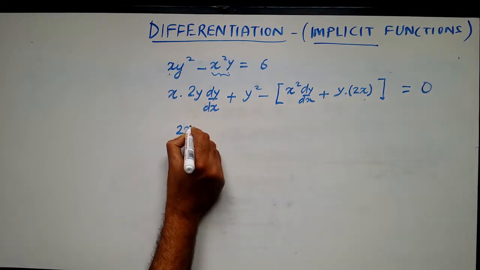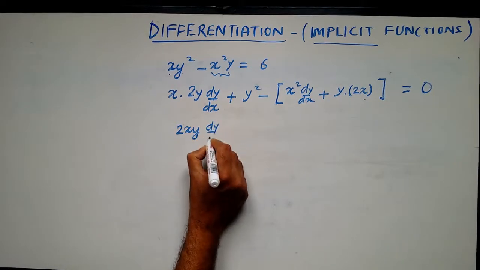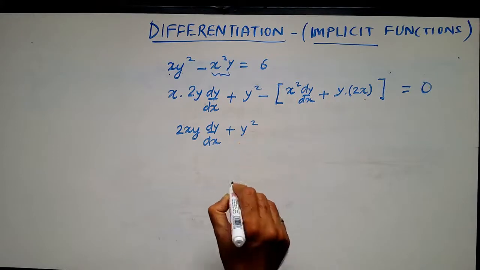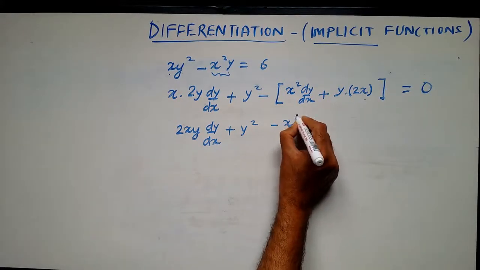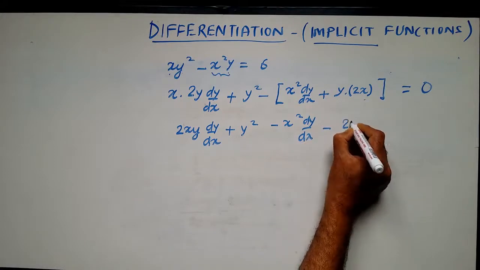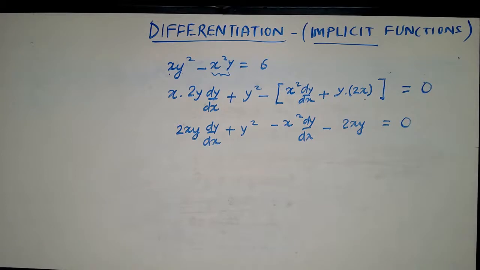So this becomes 2xy dy by dx plus y squared minus x squared dy by dx minus 2xy is equal to 0.